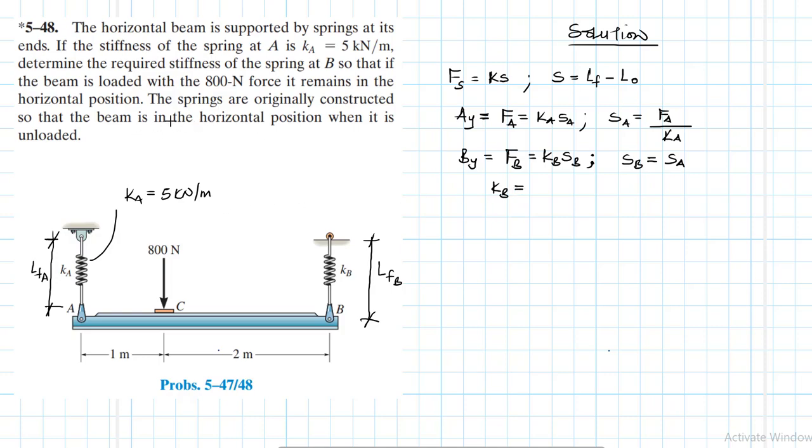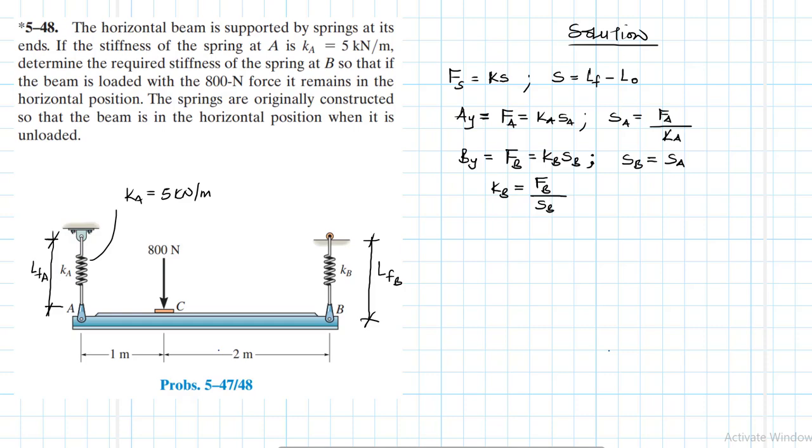So if that is the case, then our Kb, which we are looking for, the stiffness, because they're asking us to find the stiffness. What is the question? Determine the required stiffness in spring B. Therefore, the stiffness in spring B is going to be equal to Fb divided by Sb.